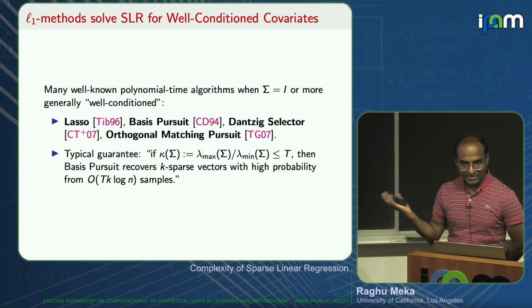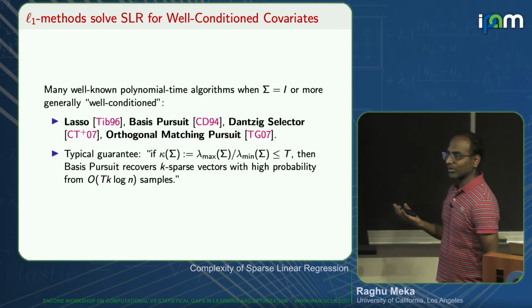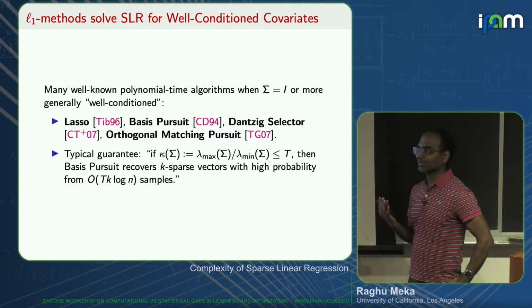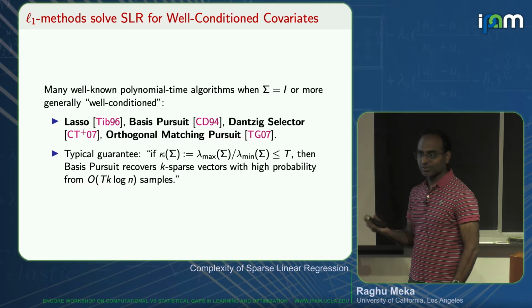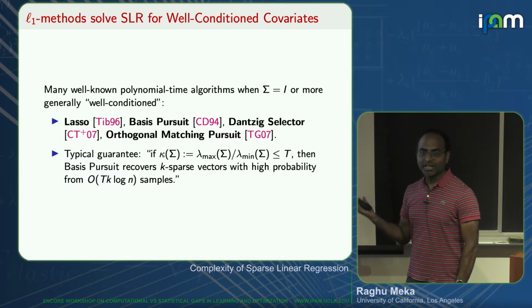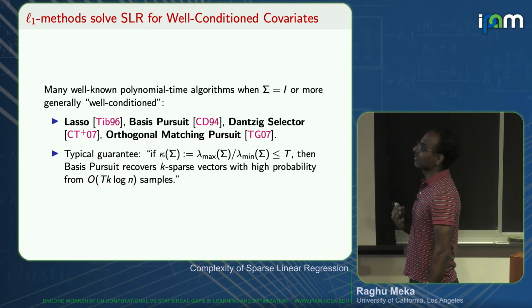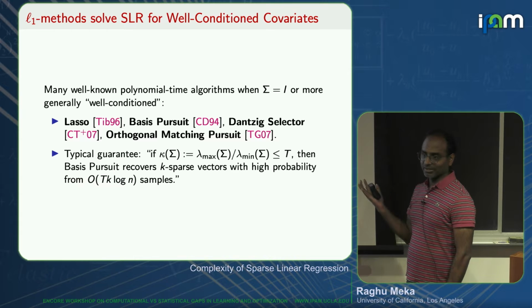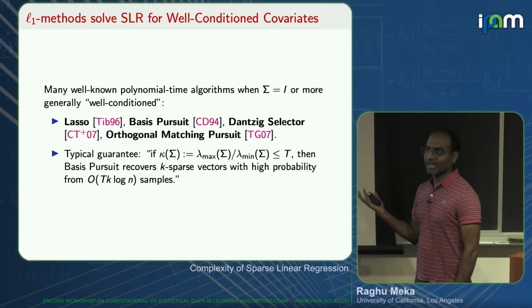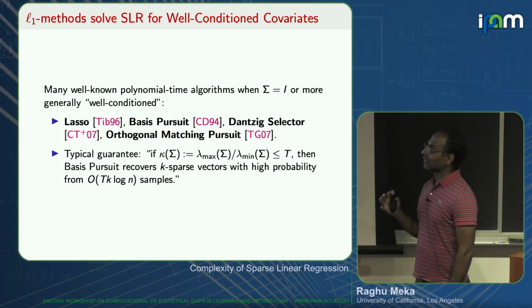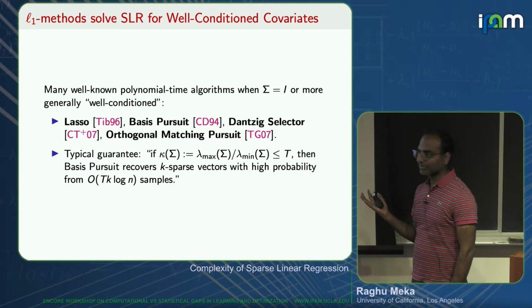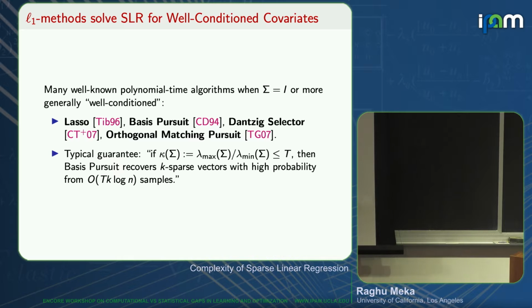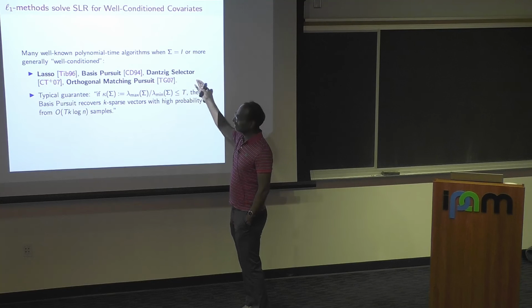And I should say that, as I said earlier, when the distribution on X is even nicer, we're already assuming it's nice because it's Gaussian, but now we're saying the covariance matrix is very well conditioned, like if it's identity. If it's identity, it's like compressed sensing. If it's well conditioned, you can also still do some stuff. Okay? So in these cases where sigma is well conditioned, there are various ways to define well conditionedness.